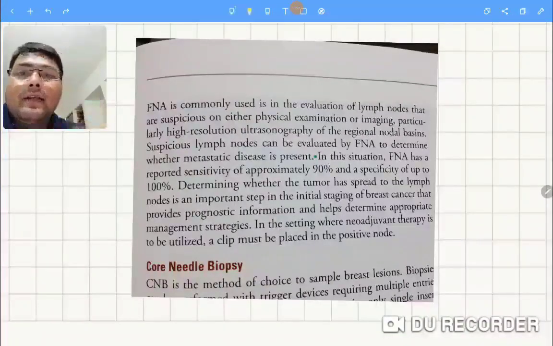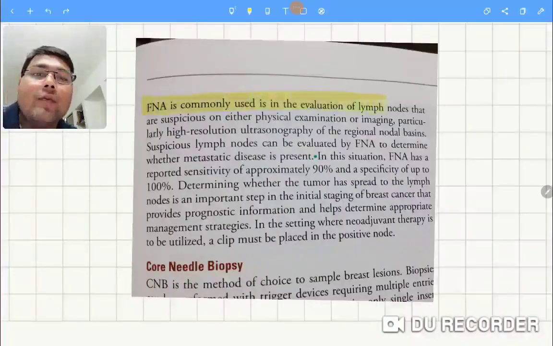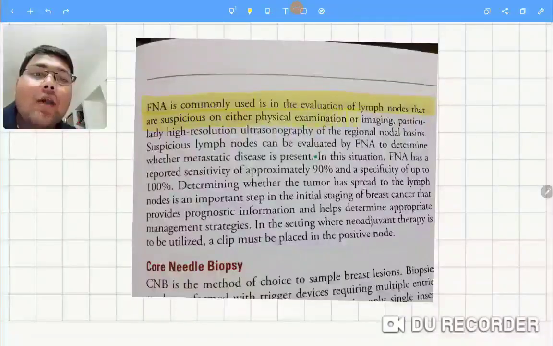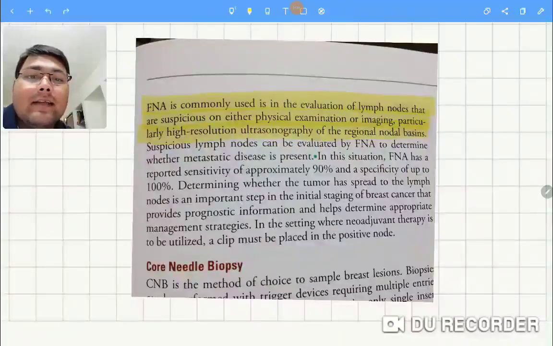So here it is. FNA is commonly used in the evaluation of lymph nodes that are suspicious on either physical examination or imaging, particularly high resolution ultrasonography of the regional nodal basins, right? The suspicious lymph node can be evaluated by FNA to determine whether metastatic disease is present or not.